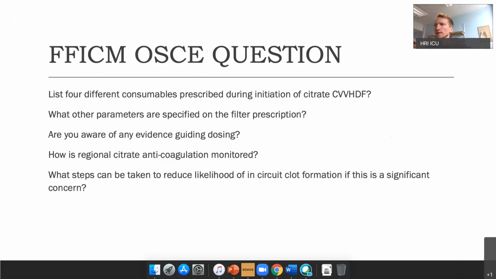What are the parameters specified on the filter prescription? So what do you commonly prescribe as part of the protocol? Yeah, filtration rates, the type. Excellent. So people are saying dialysate flow, blood flow, fluid removal.